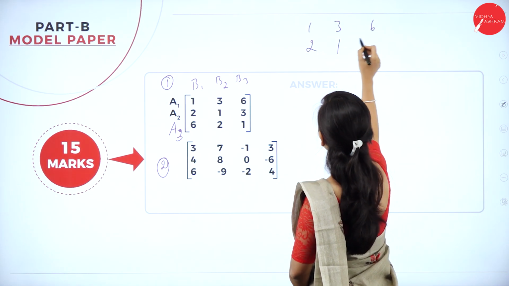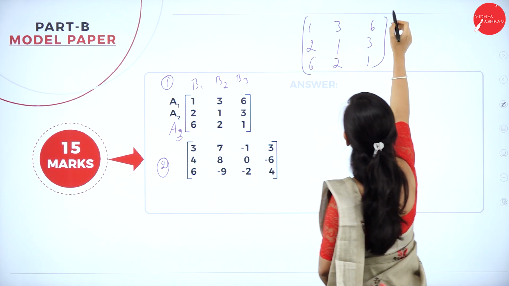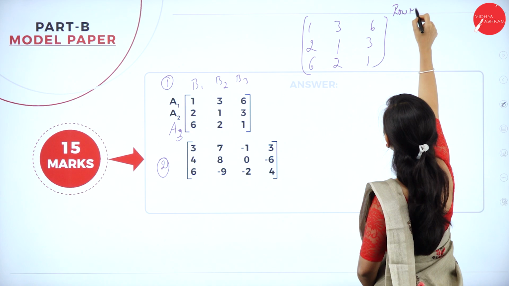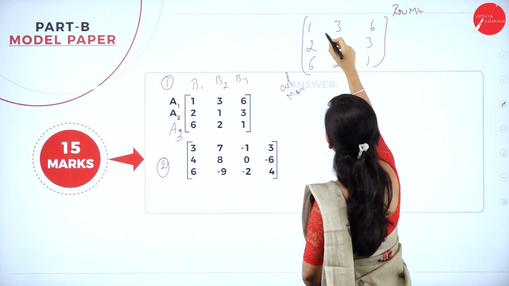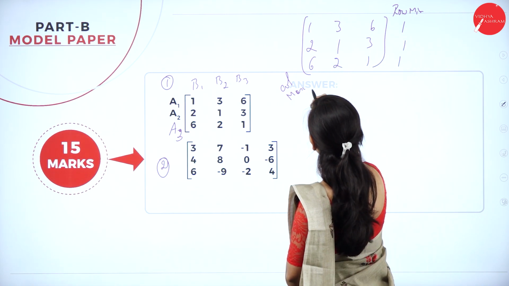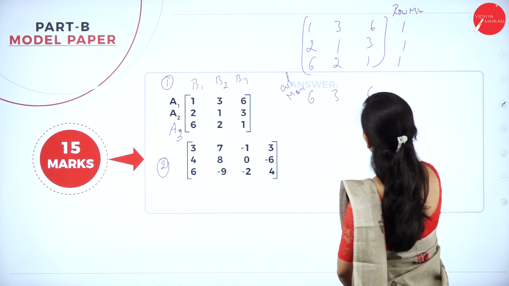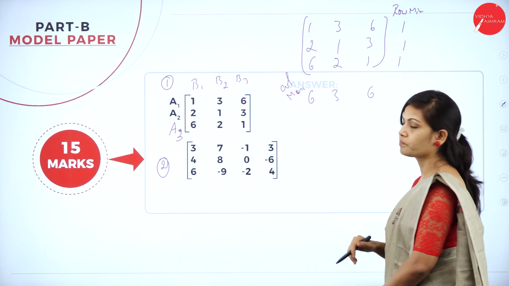So list all the given values. You have to find the row minima and column maxima. Which is the least value? 1, 1 and 1. Highest values 6, 3 and 6. Now find the minimax and maximin value.